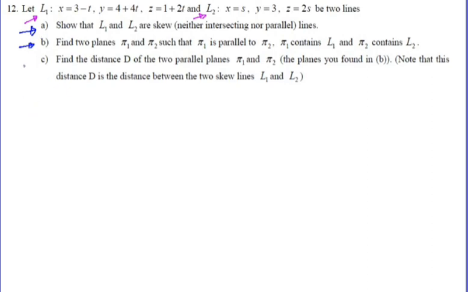The third one, the distance between the two planes ተጠይቀናል, so I will show you each of them separately. Okay, the first part እንሄዳለን a ላይ ምንድነው ሚለን show that L1 and L2 are skew lines.